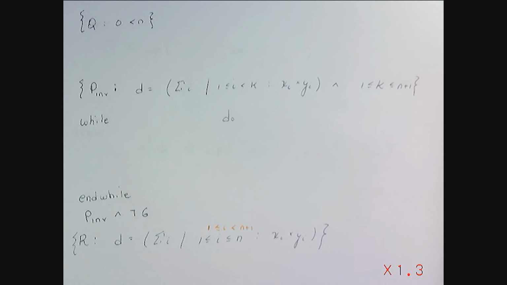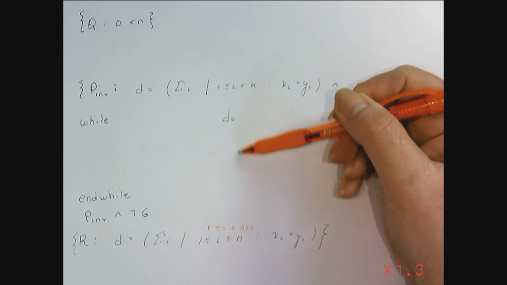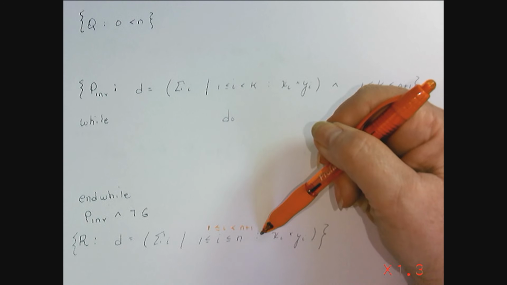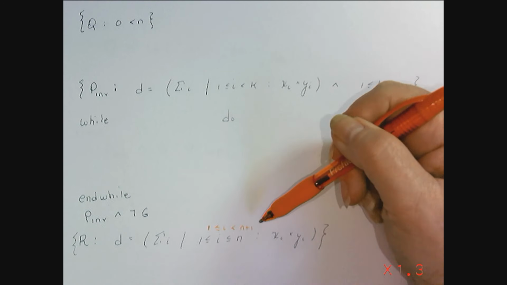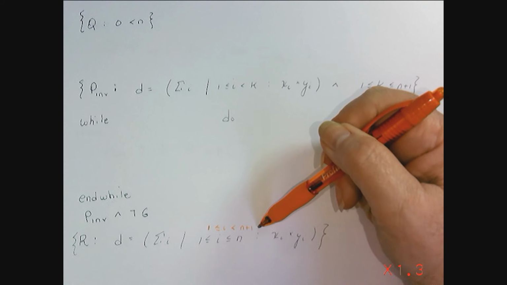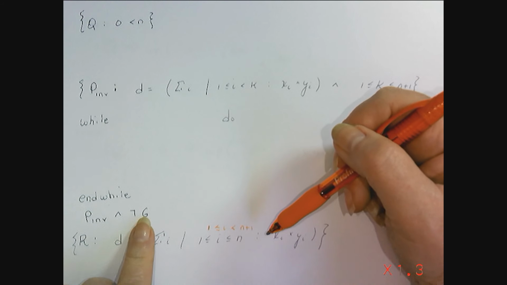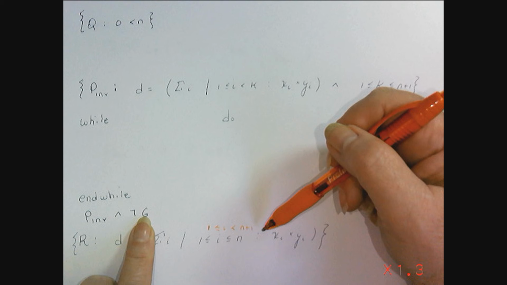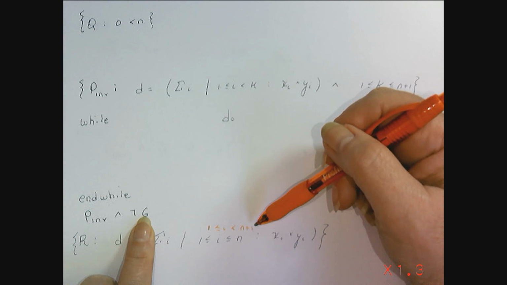And so now I notice that the invariant and the postcondition match if k is equal to n plus 1. So not the guard should be that k is greater than or equal to n plus 1, which means the guard is the negation of k being greater than or equal to n plus 1.